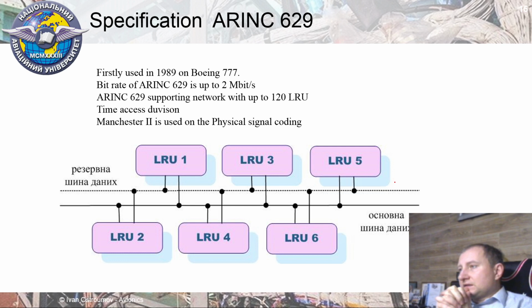First of all, this standard was published in 1989 and first used on board of Boeing 777. It supports speed of data transmission up to 2 megabits per second, which is twice more than MIL-STD-1553B.